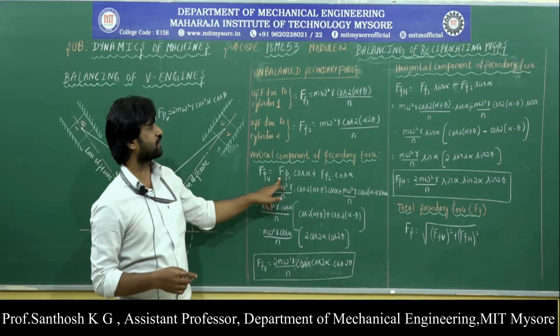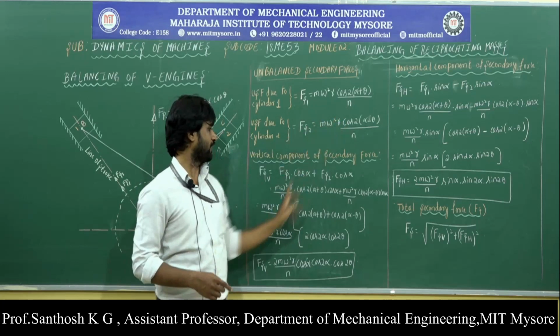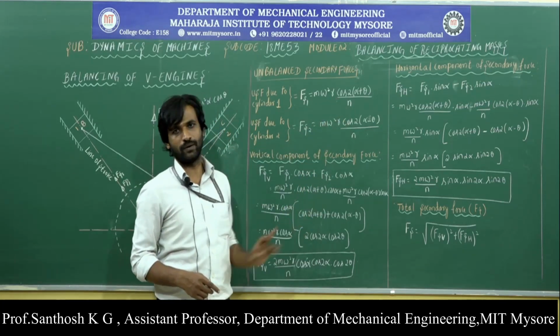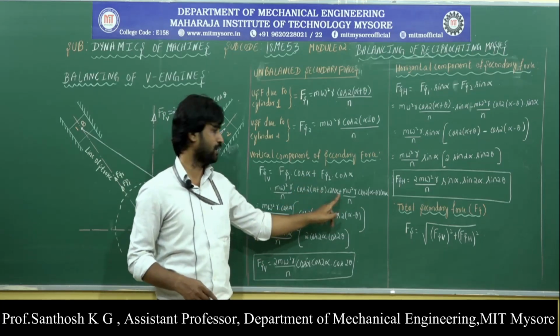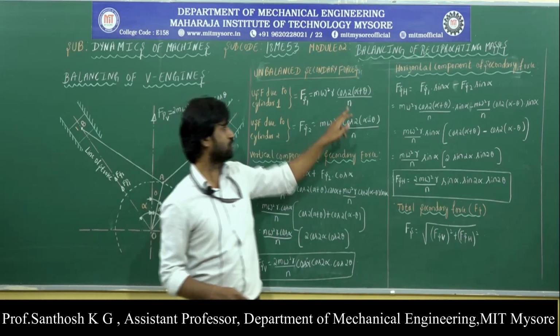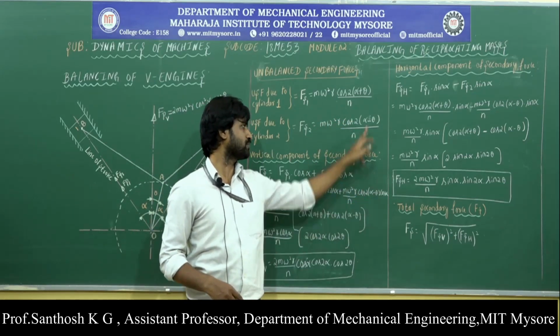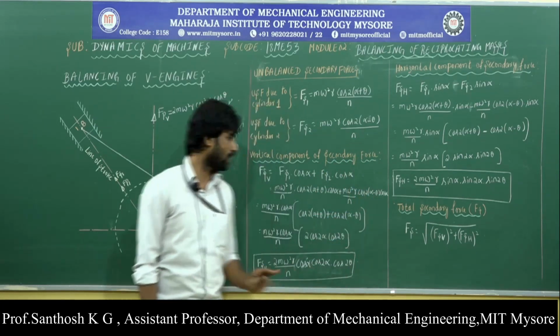So the total resultant secondary force along the vertical direction equals Fs1 cos alpha plus Fs2 cos alpha. In place of Fs1, I can write m omega square r divided by n into cos of 2 times alpha plus theta, into cos alpha, plus in place of Fs2, m omega square r cos of 2 times alpha minus theta divided by n into cos alpha.